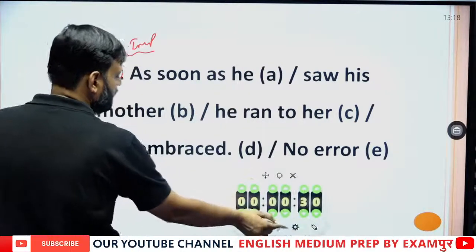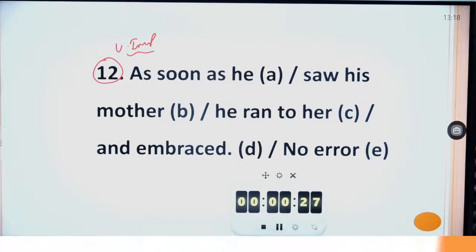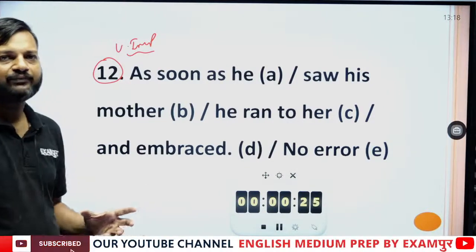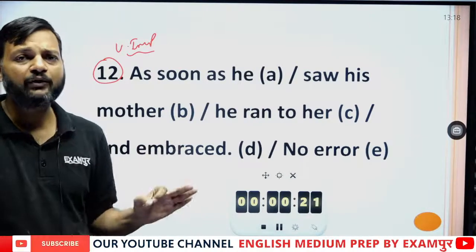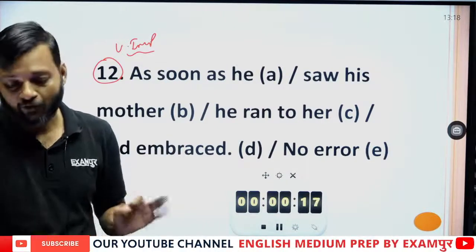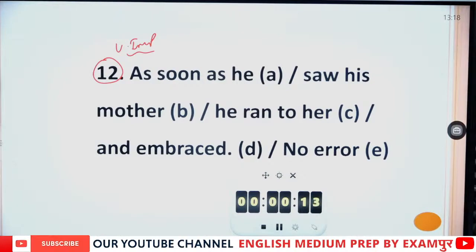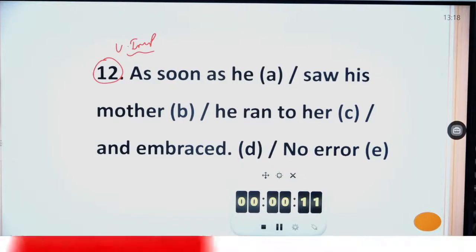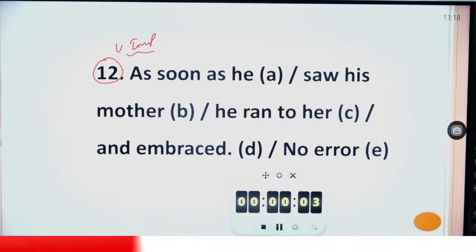This particular question is very important and I have already explained it many times. So what is the error in this sentence?